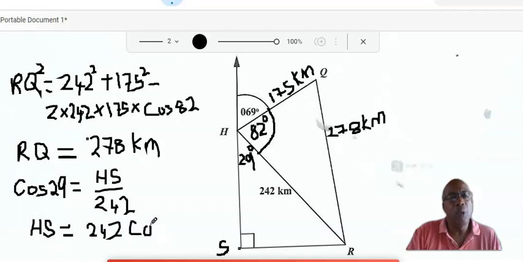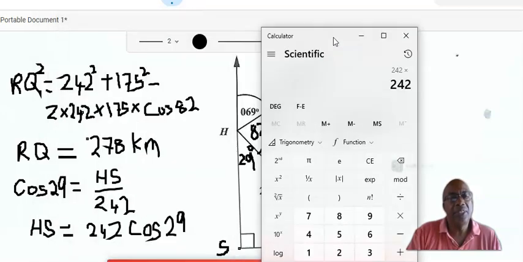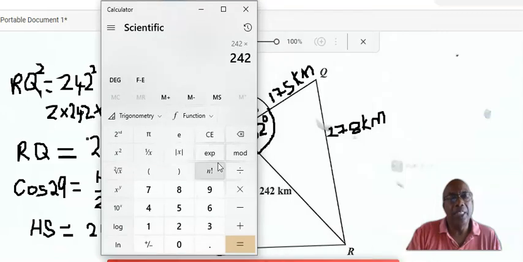When we do that, we'll get the answer. So we get our calculators, and you multiply 242 times cosine of 29.